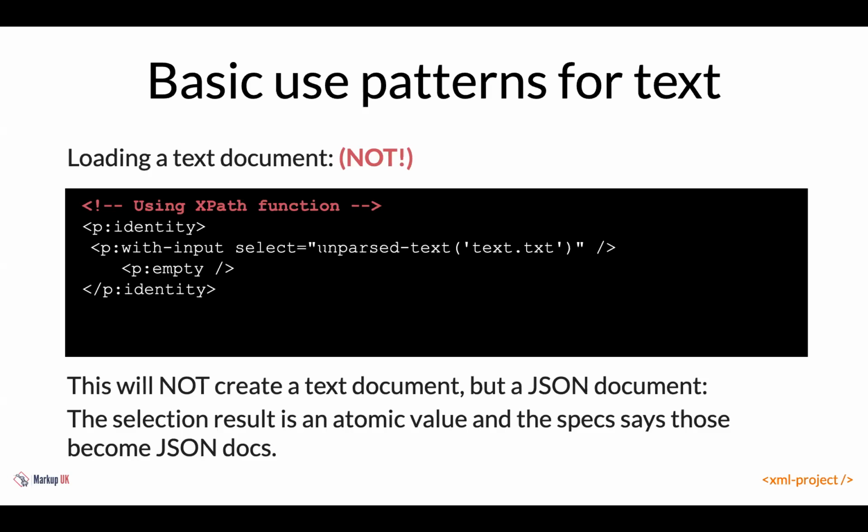The general rule, I think, makes sense because this could also return a number or a Boolean value or something like this, and you surely don't want your numbers to be turned into text. You want them as JSON numbers you can add some things to, and so on. So this is the thing to remember, that if you put select, you always get a JSON document and not a text document.